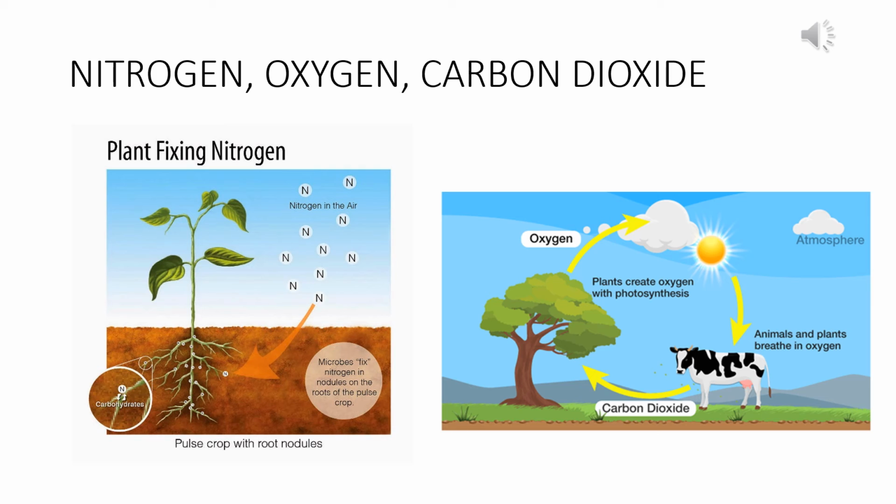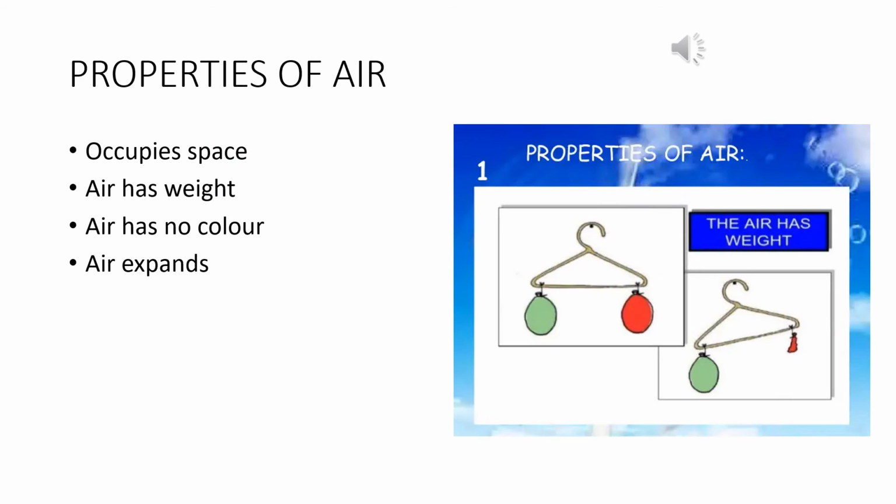In the breathing process, we give out carbon dioxide, which is also required by the plant for photosynthesis. So that carbon dioxide is absorbed by the plant in turn, and then oxygen is again produced, which is again used by the animals. So oxygen and carbon dioxide go in circles, and the balance is maintained by both the animals and the plants.